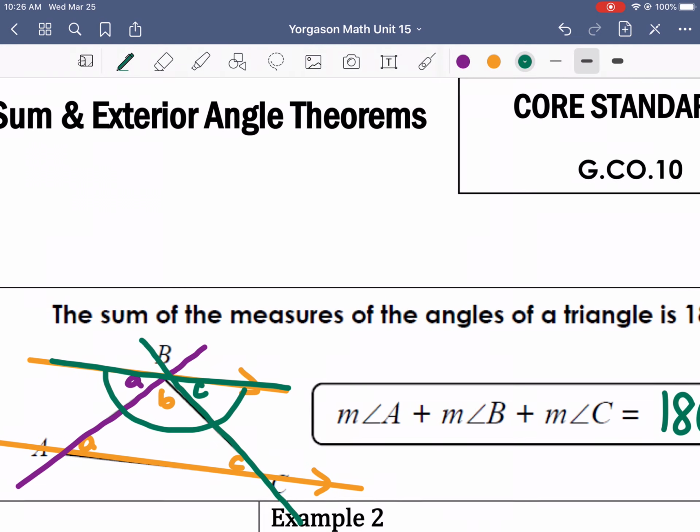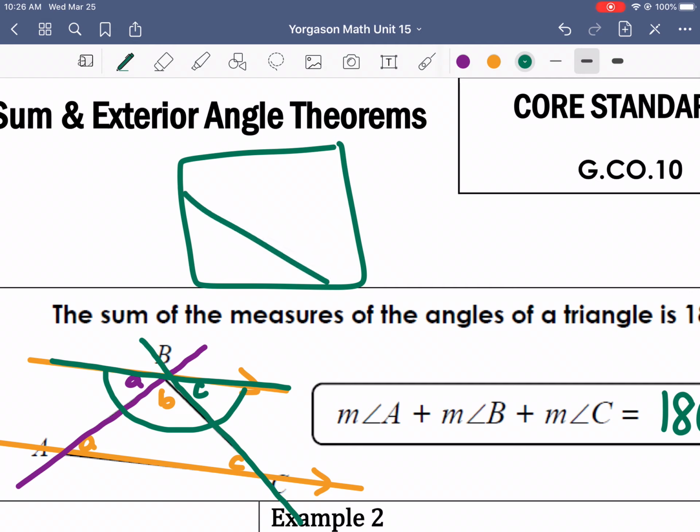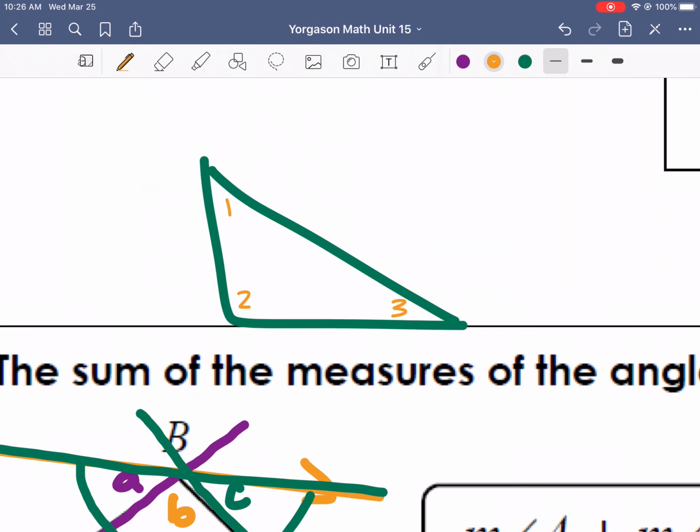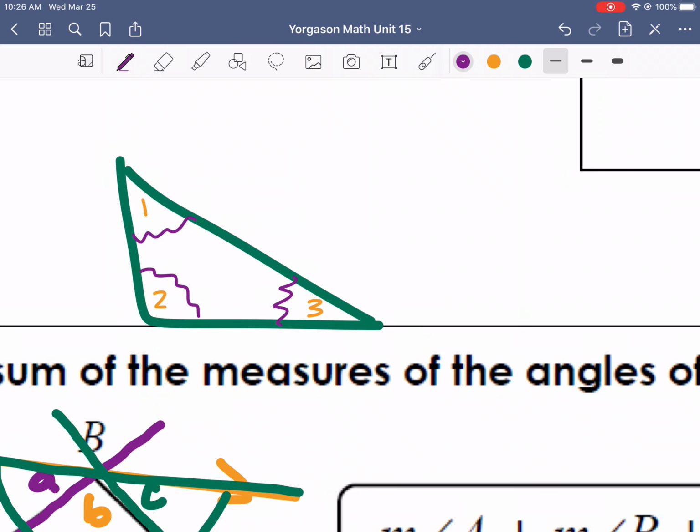If we were in class, I would have you take a piece of paper and cut a triangle out of it. It could be any triangle, so maybe somebody would do one like this. And then I would have you label each of the corners 1, 2, or 3, like that. And then I would have you cut or just tear off the sides of the triangle. So we tear that off, tear that off, tear that off. And then I would have you put all of the points together.